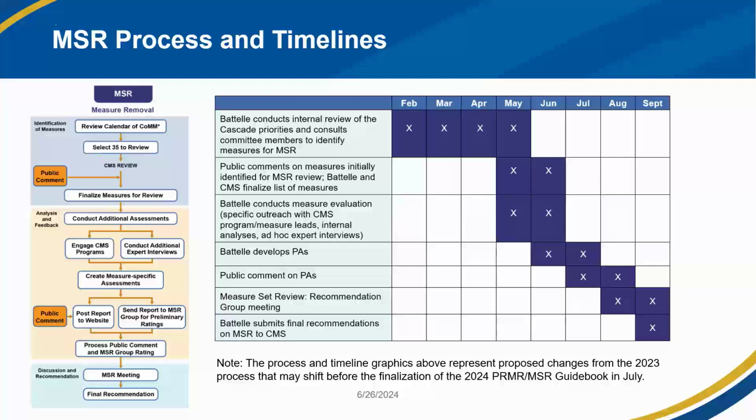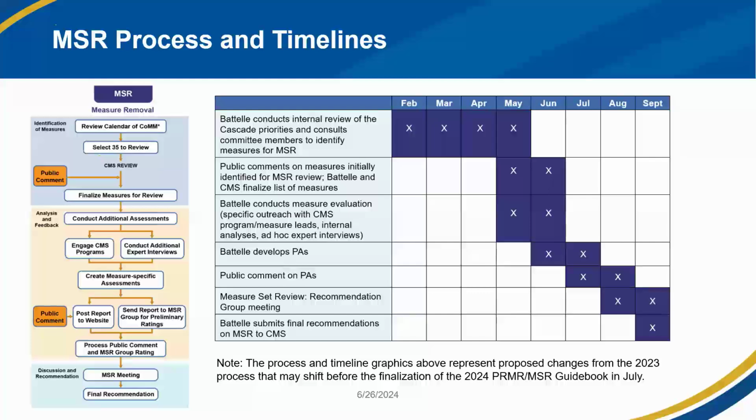That goes through a public comment period. CMS is given a chance to review and look at those measures as well. And then once we finalize which measures are going to be on the list, we move into an analysis phase. And there are assessments that are created and an analysis of those measures that are shared. That also goes through a public comment period as well.